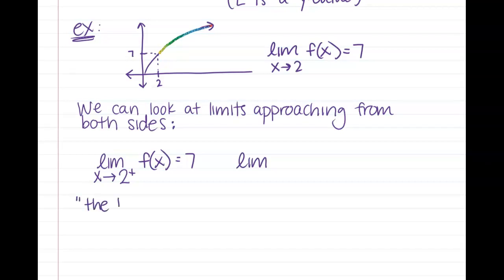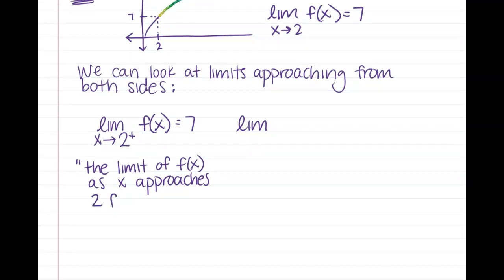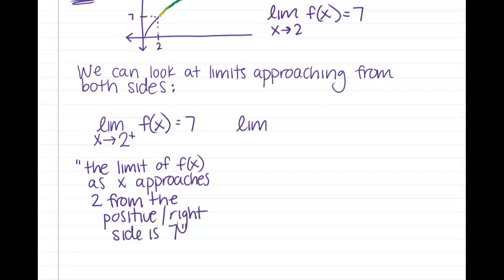The limit of f of x as x approaches 2 from the positive / right side is 7. Okay, so that's what that first one means. Again, positive side, plus sign.